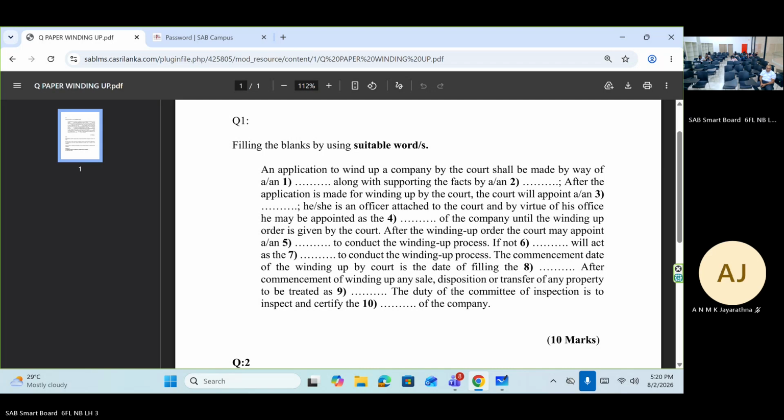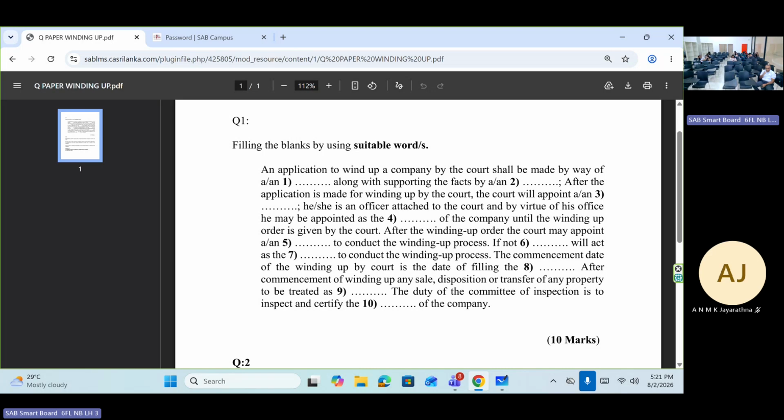Like no value. The duty of the committee of inspection is to inspect and certify the accounts of the company. And an application to wind up a company by the court shall be made by way of a petition along with supporting facts by an affidavit. Number 2, affidavit.